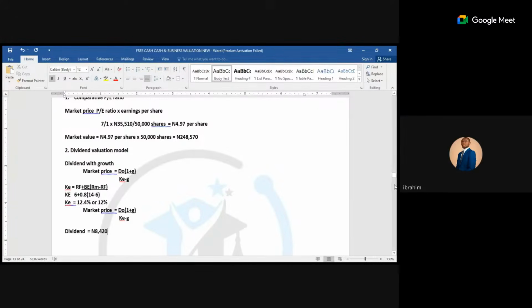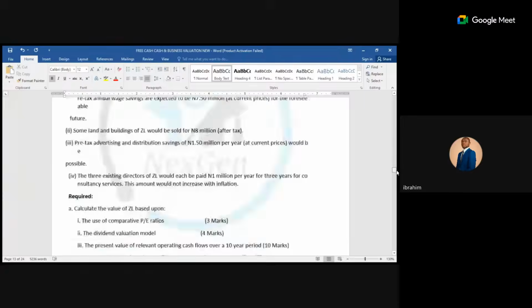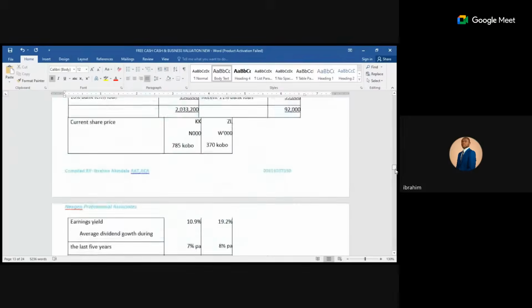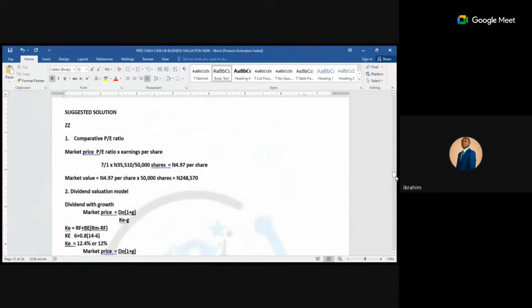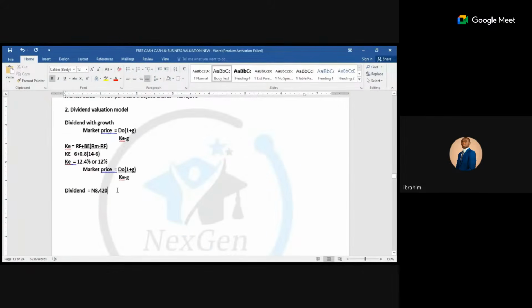Now, this is in naira, in value, class. This figure is in thousands, even in millions, so you can't just put 8,420,000 and then say you want to grow it. It is usually your dividend per share that you will grow, not your total value.